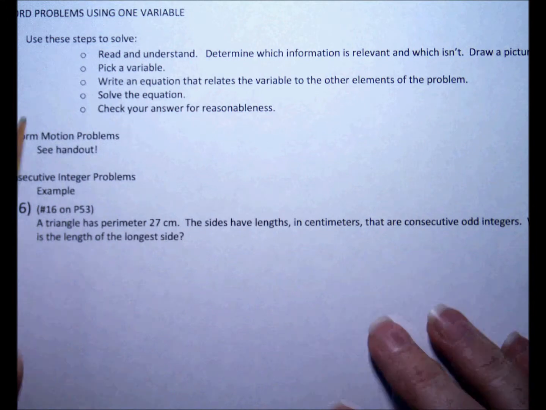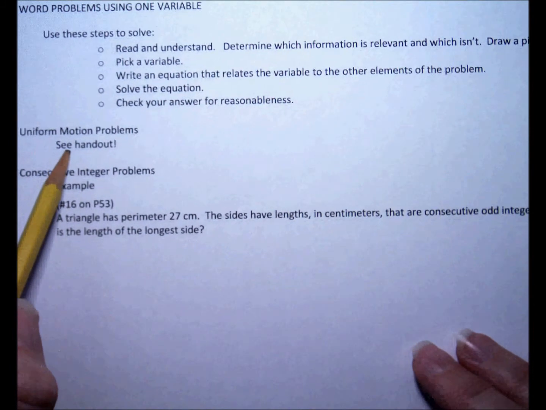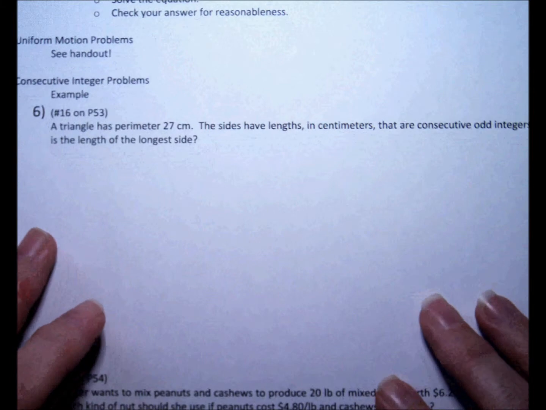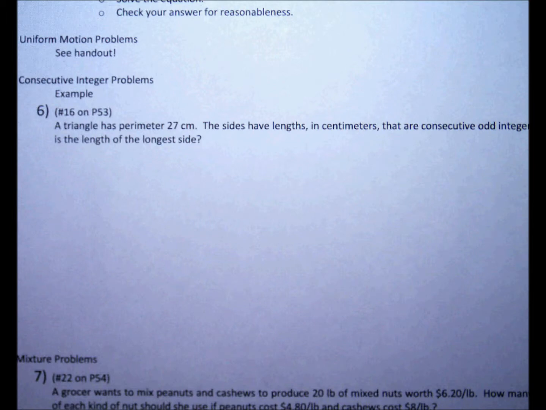Pick a variable once you've read, and then go back and write an equation that relates the variable to everything else in the problem, except the non-relevant information. Then solve the equation, and then check for reasonableness, which doesn't necessarily mean check your algebra. It means check the answer to make sure it makes sense. So you should take some time to go back and look at those uniform motion problems. It's a 3 or 4 page handout in my locker.